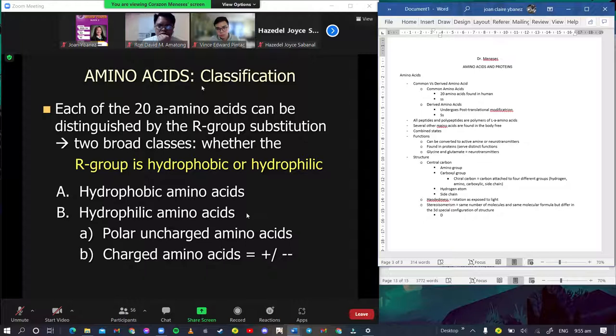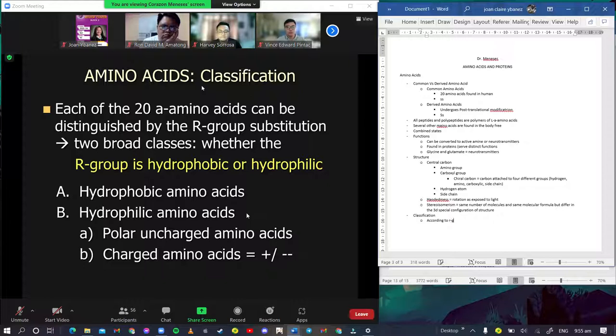Then, okay, what is this saying? Classification, the best way to classify amino acids is how? On the basis of their R groups, Doc. On the basis of their R groups. Okay.